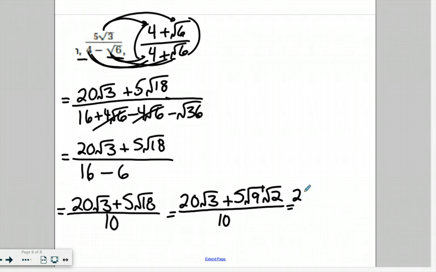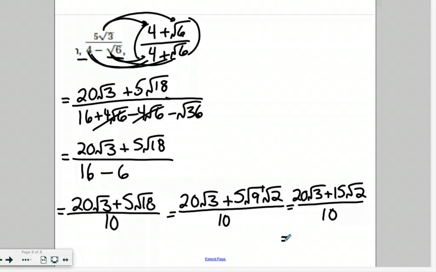Carrying on, we have 20 root 3 plus root 9 is 3, and 3 times 5 is 15, root 2 over 10. Can't combine those 2 terms in the numerator because the radicands are different, so I have one that's root 3, one that's root 2. However, I can now start looking at, is there a common factor between things in the numerator and in the denominator? And it should be fairly obvious that every single one of those terms is divisible by 5.